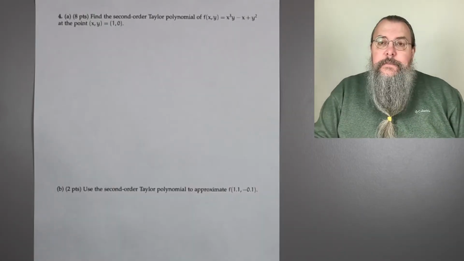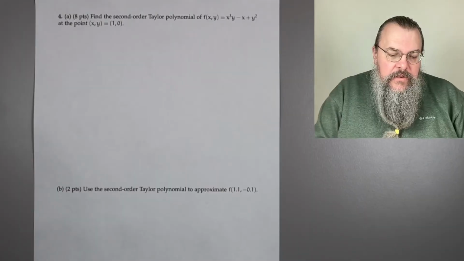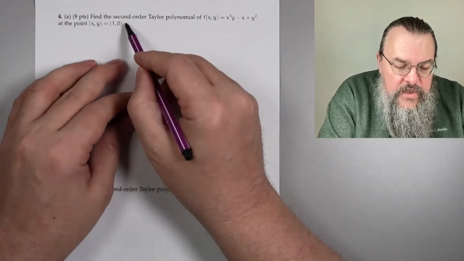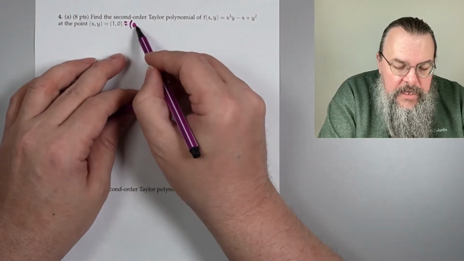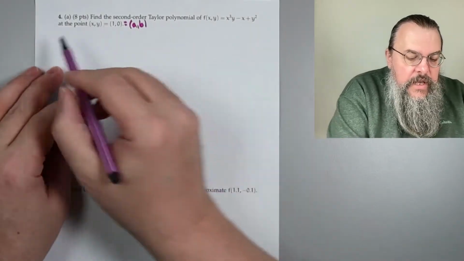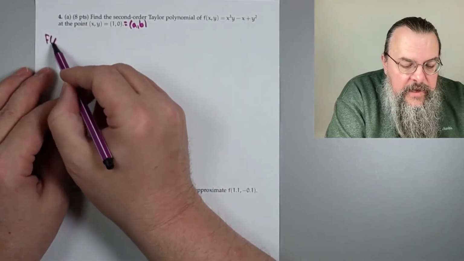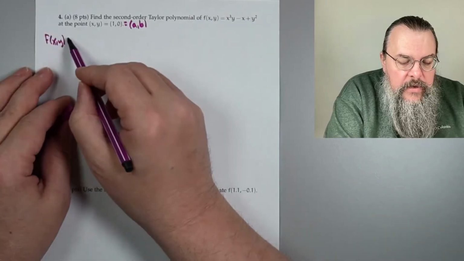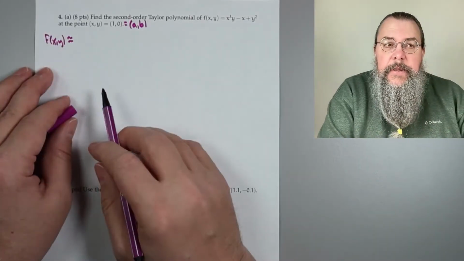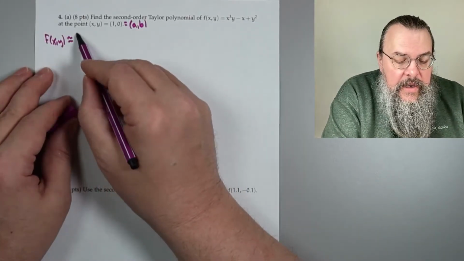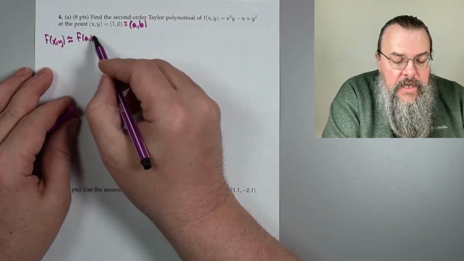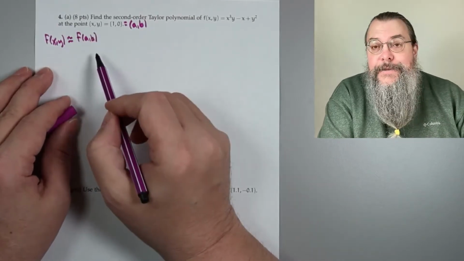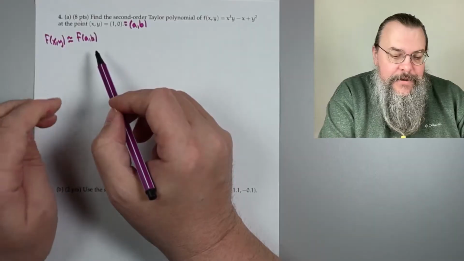Well, if we're near a point (a, b), so in our case (1, 0), then what we say is that our function, f of x y, looks like a couple things together. It's f(a, b), so that says I want the value of the function to match the polynomial.